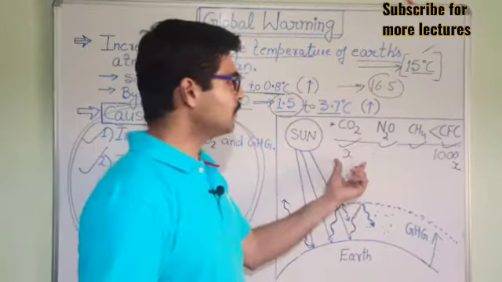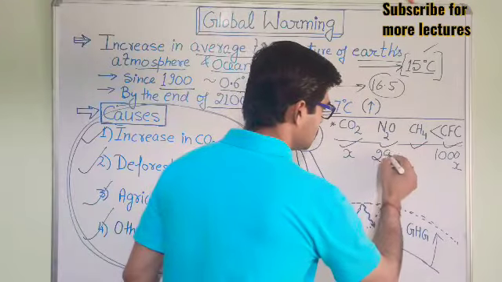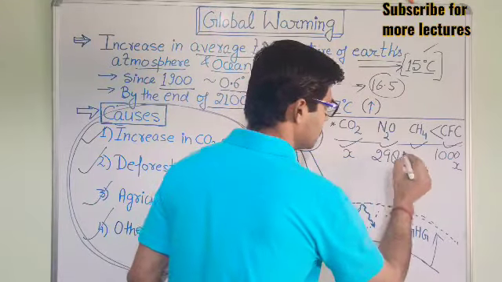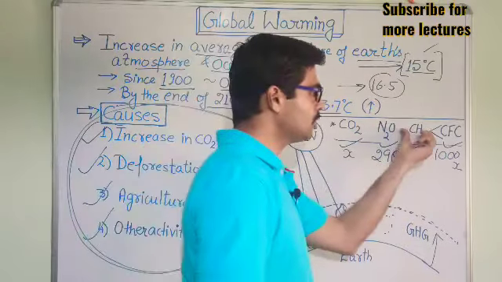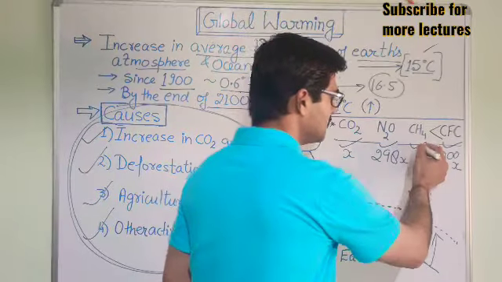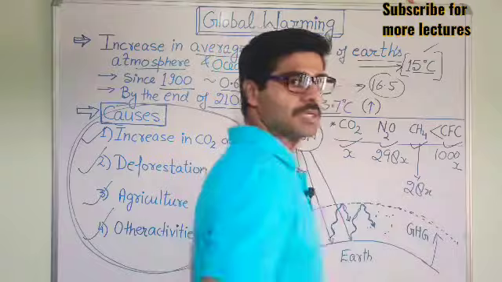The global warming potential of nitrous oxide is about 298 times in comparison to carbon dioxide, whereas the global warming potential of methane is about 28 times.